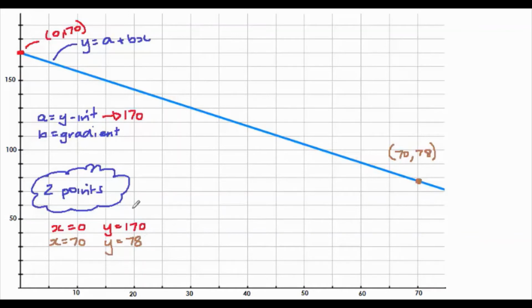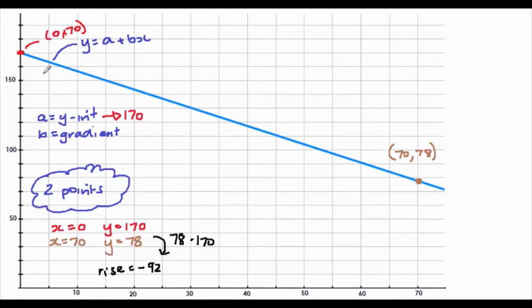Now, in the old school, we could have done rise over run for these two, and we could have found that my rise, which is 170, going down to 78, so my y's, my rise would be negative 92. And I get that from saying 78 minus 170, and I get negative 92.